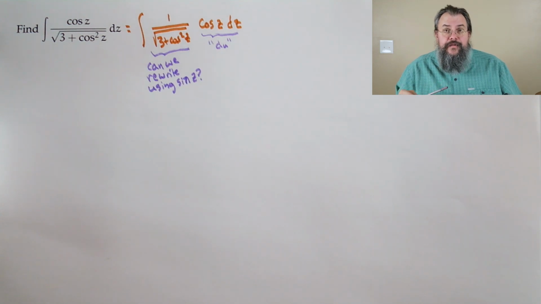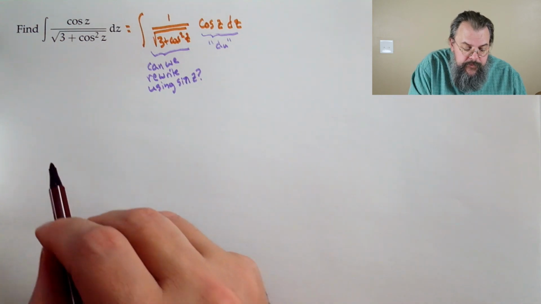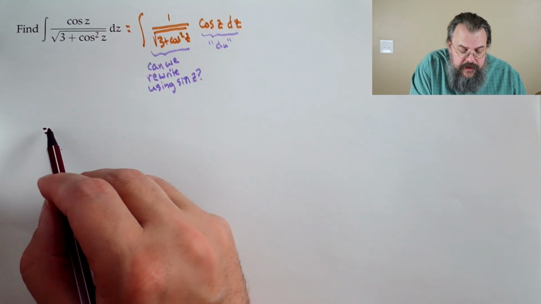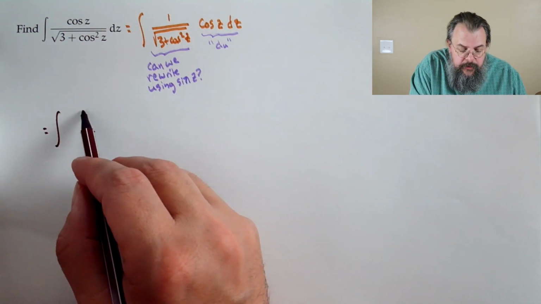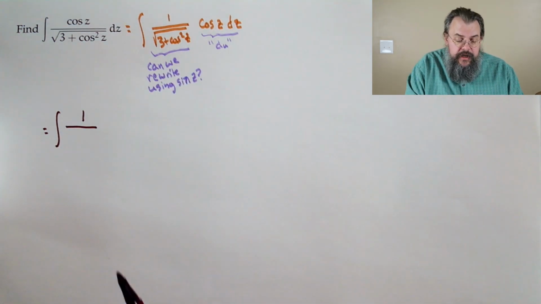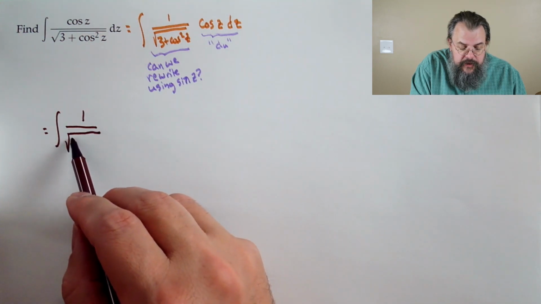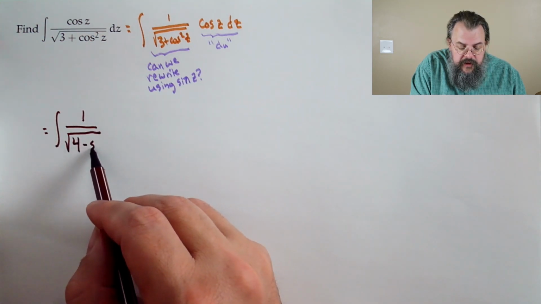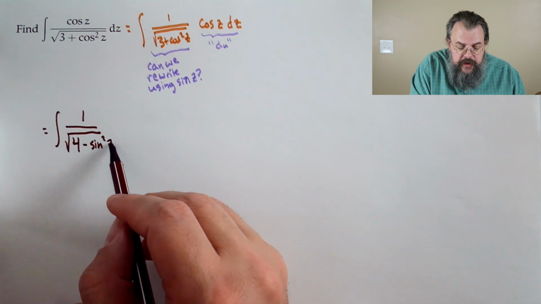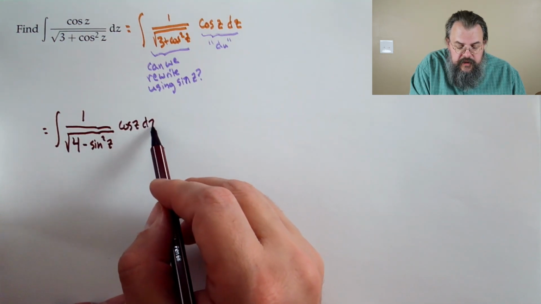Cosine squared is 1 minus sine squared. Okay, so what do we have? We can write this as 1 over, replacing cosine squared by 1 minus sine squared, the square root of 4 minus sine squared, and a cosine z dz.